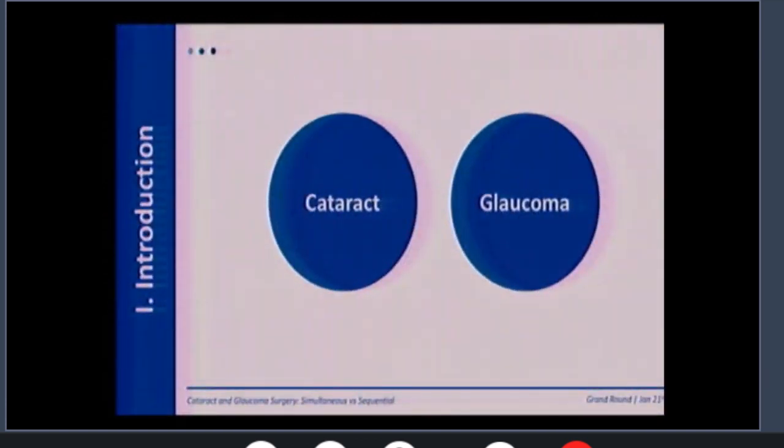So cataract and glaucoma, although they might seem simple to lay people, managing them both together at the same time can sometimes be challenging. Sometimes the cataract is significant and the glaucoma is uncontrolled. And sometimes the cataract is significant, but the glaucoma is under control. And sometimes the cataract is not significant, but the glaucoma is not controlled.